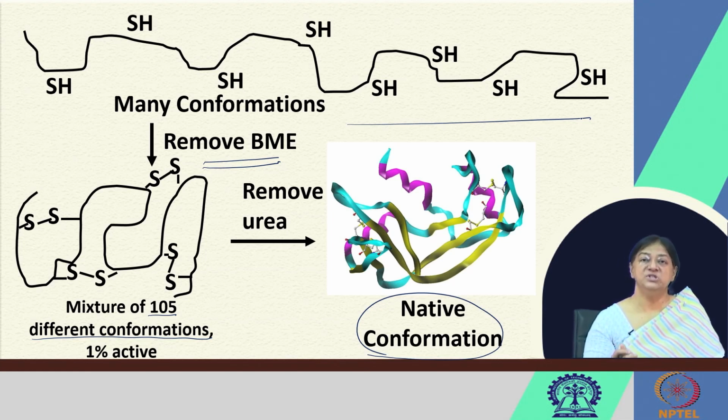Then the process was reversed. The beta mercaptoethanol, the BME, was removed so that the disulfide linkages could reform. The urea was removed so the protein could refold, and it was found that the same disulfide linkages were formed and the protein refolded back to its native conformation.